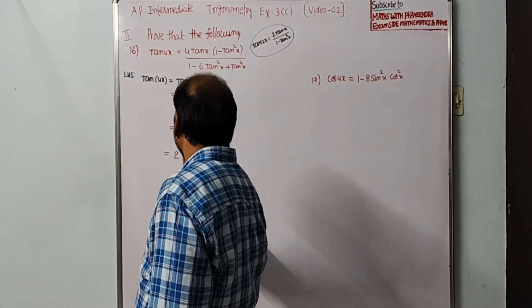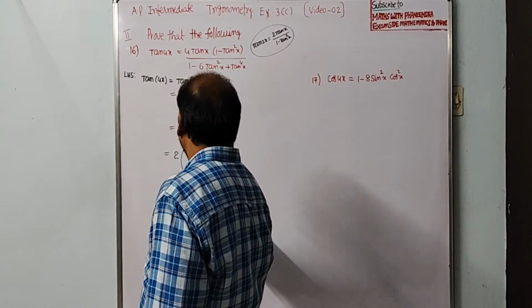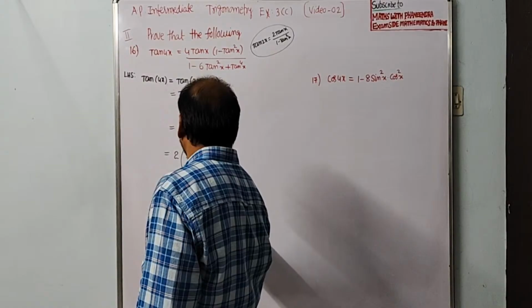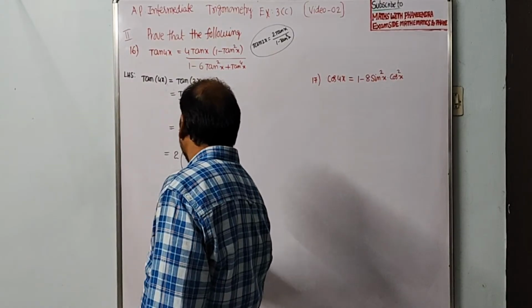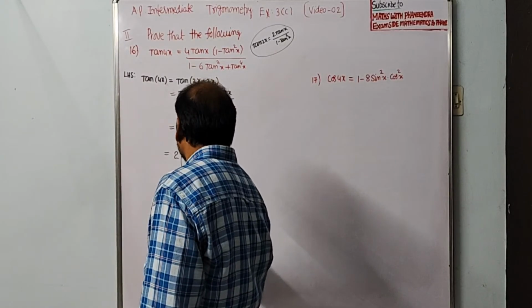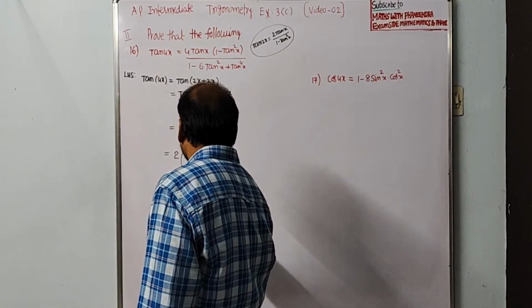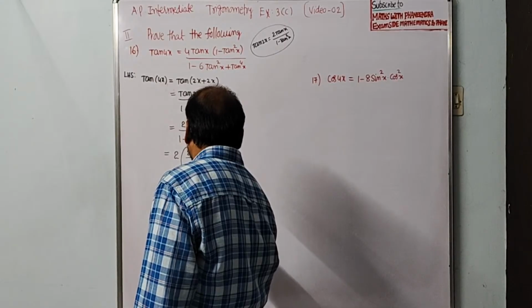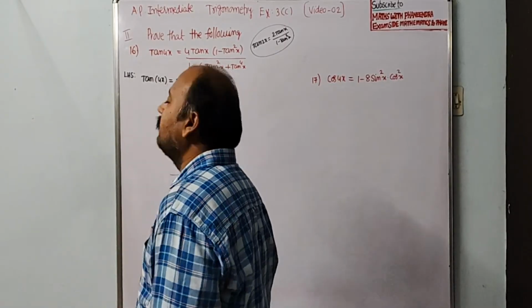So wherever tan 2x is there, replace it with this value. So 2 into 2 tan x divided by 1 minus tan square x, whole divided by 1 minus (2 tan x divided by 1 minus tan square x) whole square.